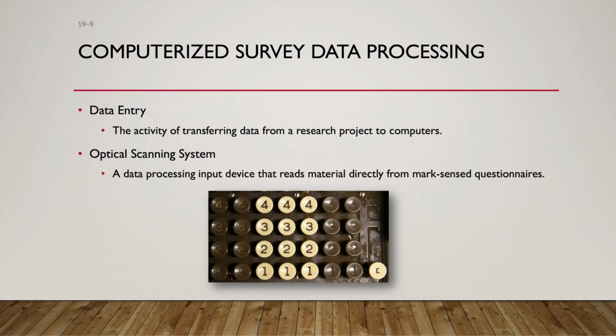It was done manually, and you see here at the bottom in the little picture, it looks kind of like an old-fashioned cash register or calculator maybe. But today we have optical scanning systems, where computers will now take that data and transfer it into a digital format.